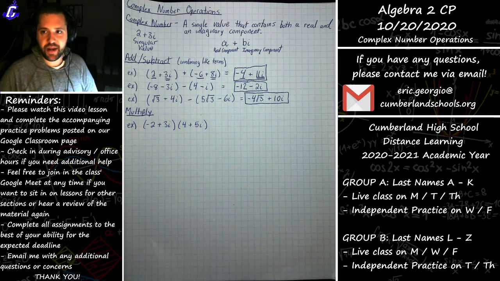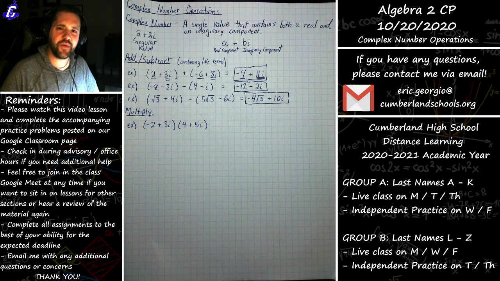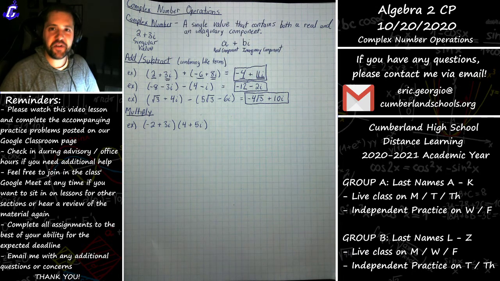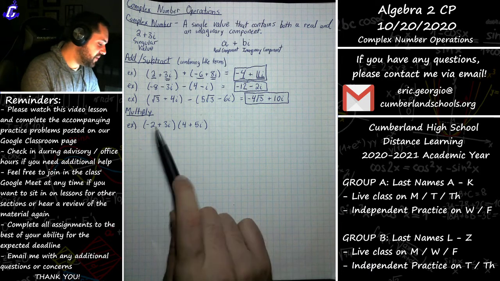You may remember that as sort of an acronym of first, outer, inner, last, which stands for FOIL. I don't like to use the word FOIL because it's not a real math word. It's just an acronym that helps you remember that the steps are first, outer, inner, last. It's really referred to as the distributive property.